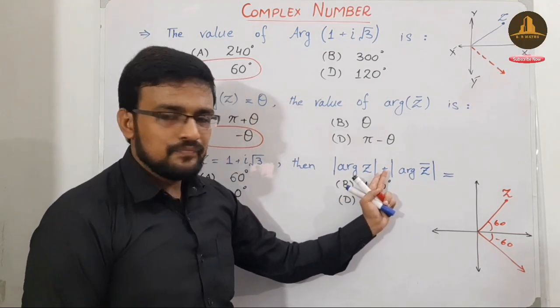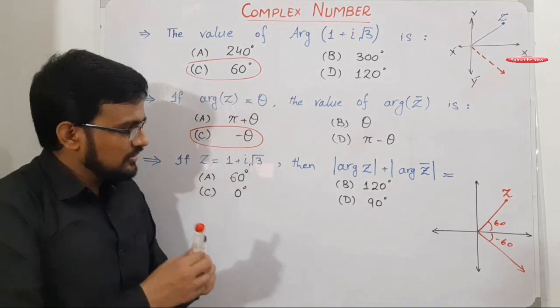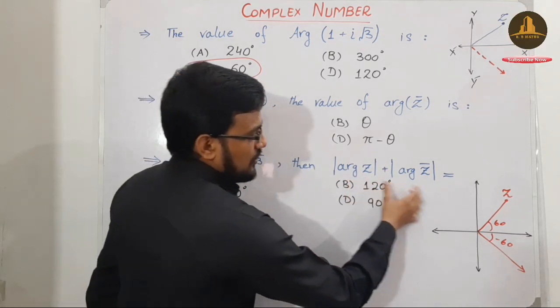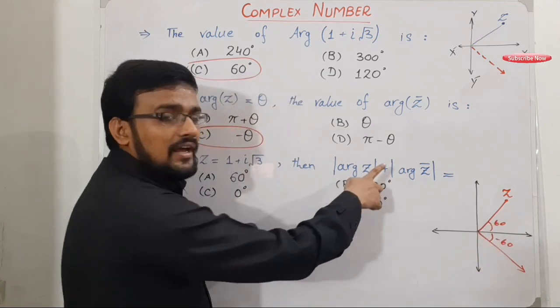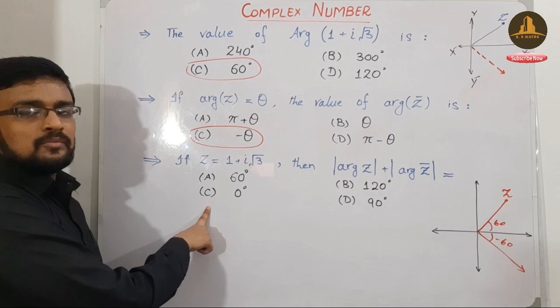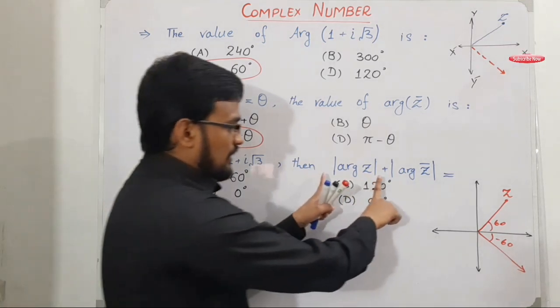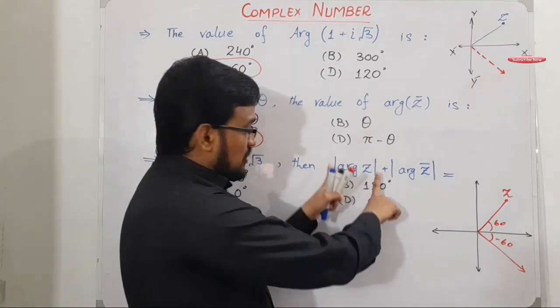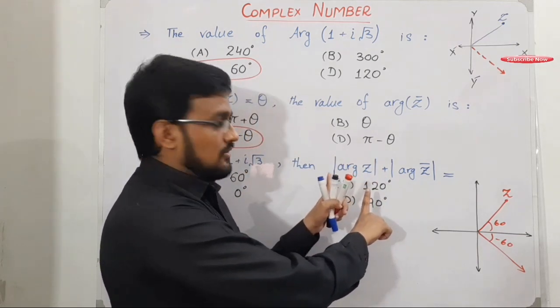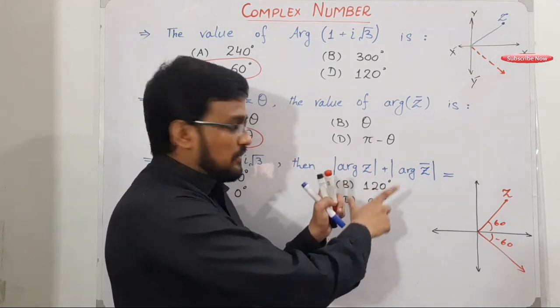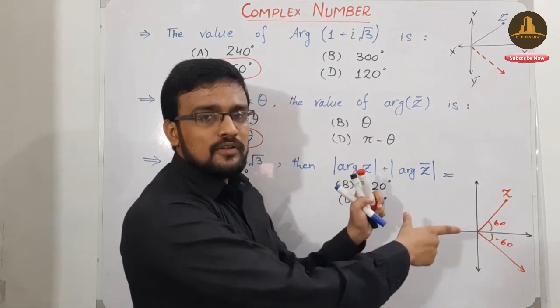And then the sum. Most students make a mistake: plus 60 minus 60, and then add, the result is 0. But here focus on this MCQ. This sign is the modulus. It makes all values positive.